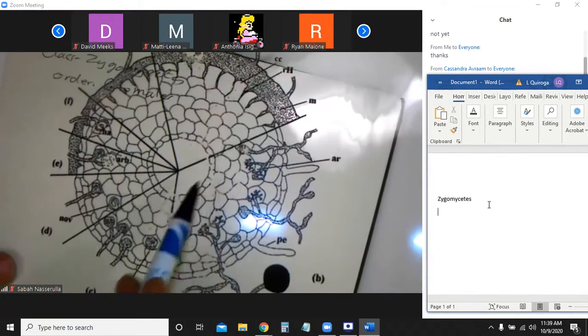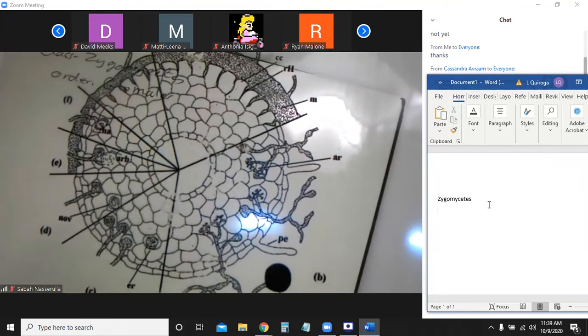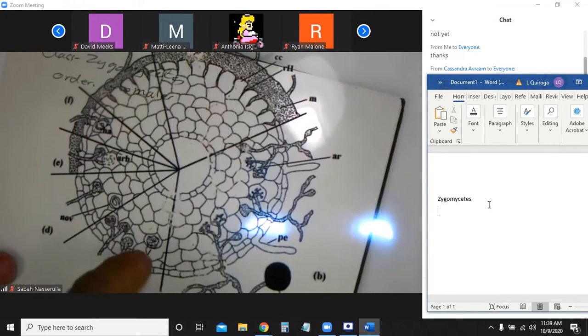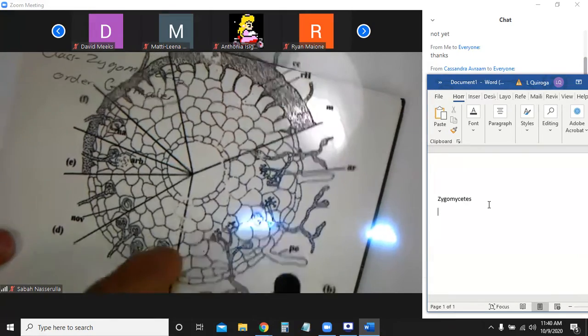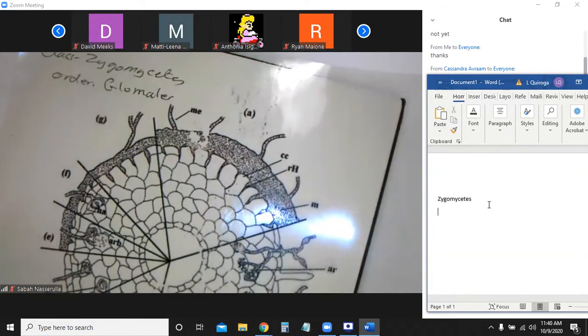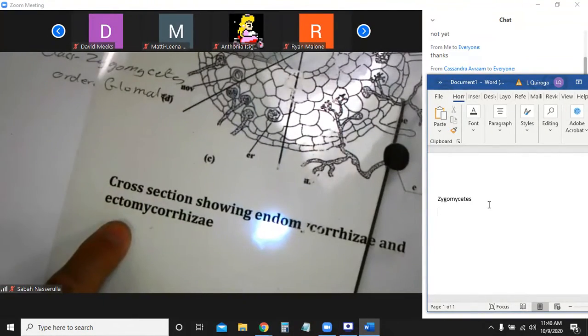As I mentioned, for fungi that associate with the root, there are two types. Either they go inside the root cells, especially of the cortex, and these are known as endomycorrhizae, or they live only outside of the root, and these are known as ectomycorrhizae.